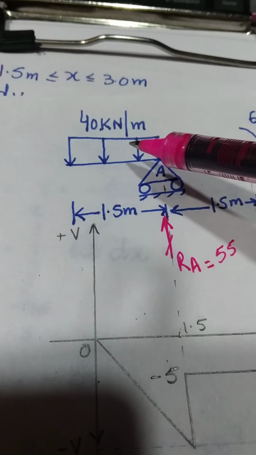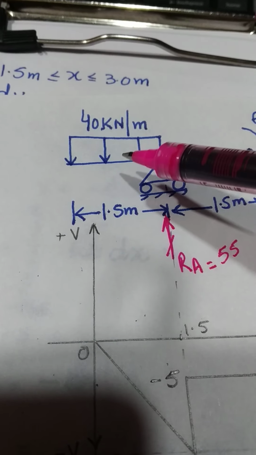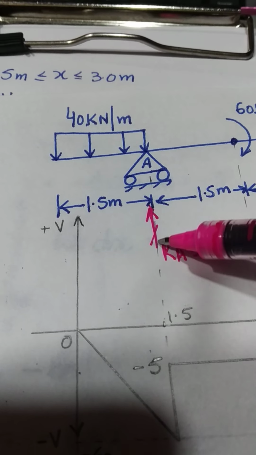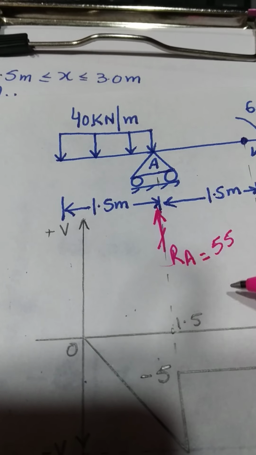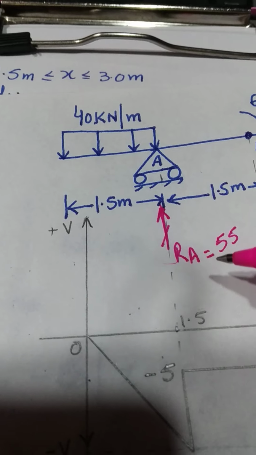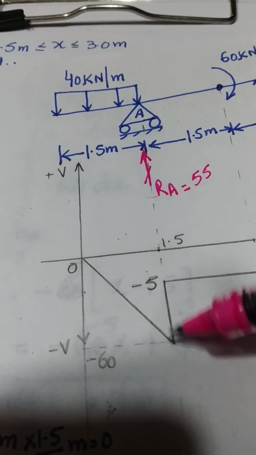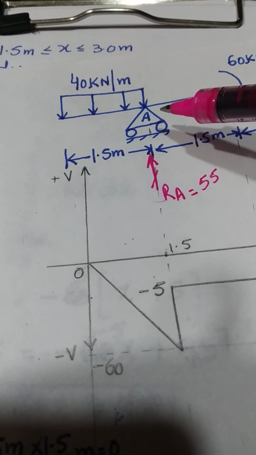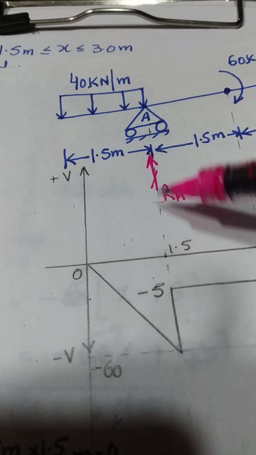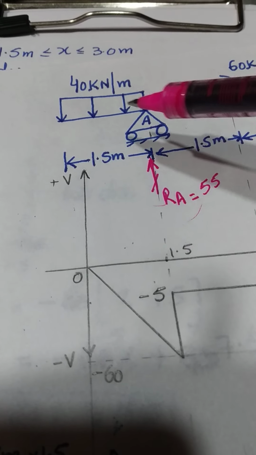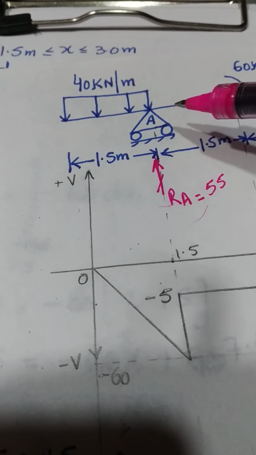Now when you are moving from the left hand side of point A to the right hand side of this point A, we come across this reaction, equal to 55 kilonewton. At A, the value of shear force is how much? Minus 60. So as you are moving to the right hand side, you have to add the value of this reaction to the shear force to obtain the shear force on the right hand side.